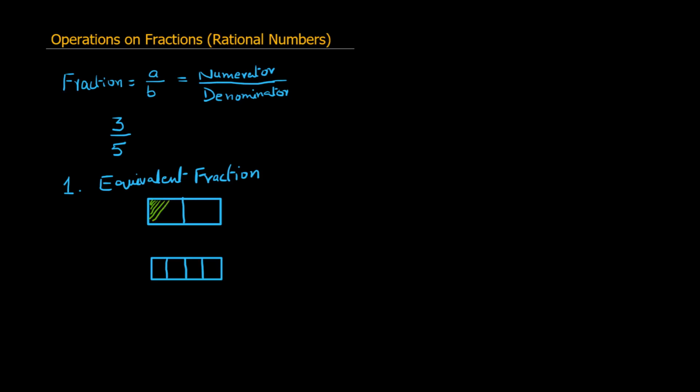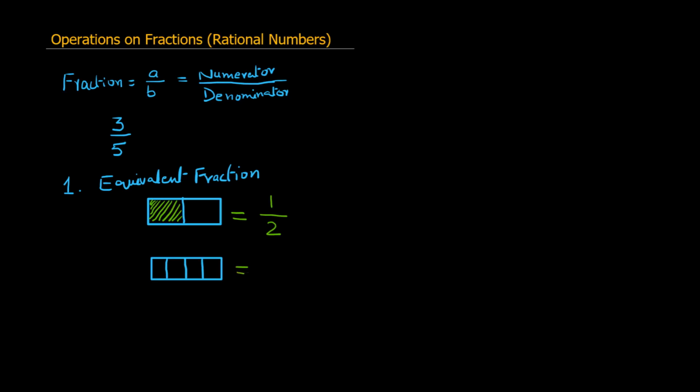One half of this rectangle is highlighted. So if we represent this first rectangle in the form of a fraction, it would be equal to 1 divided by 2, because there are two equal parts and we have taken one part out of 2. So 1 out of 2.